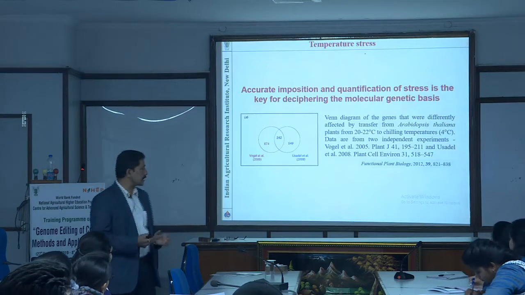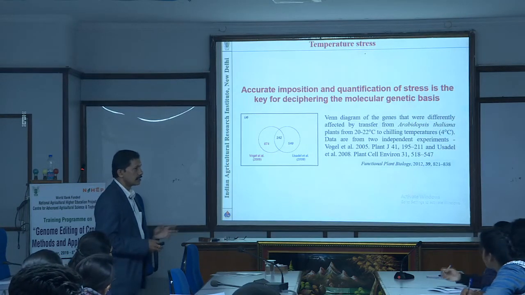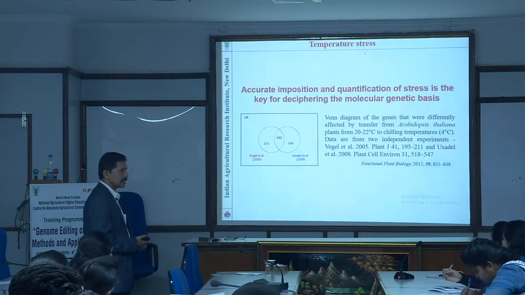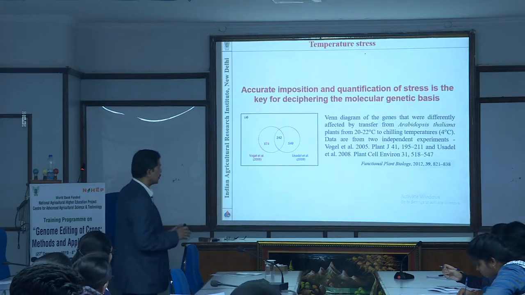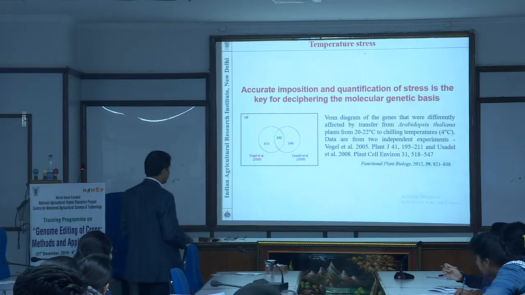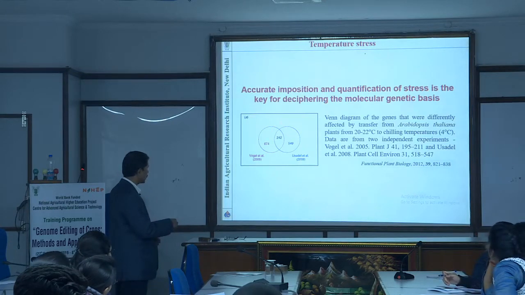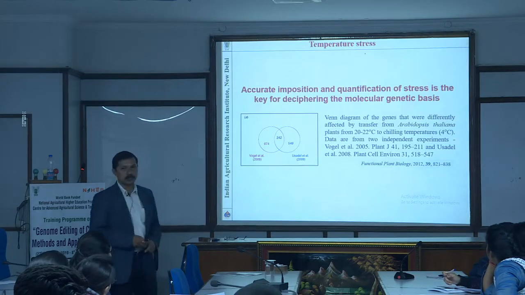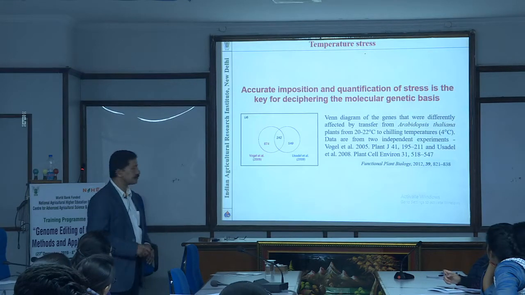So if you see these two experiments independently, you will see that the number of genes differentially expressed under cold stress is about 800 to 900, which looks highly consistent. But when you compare the actual genes, what are upregulated or downregulated here and what are upregulated and downregulated there, you find only about 242 genes that are common between these two studies, although the experiment they described is the same.